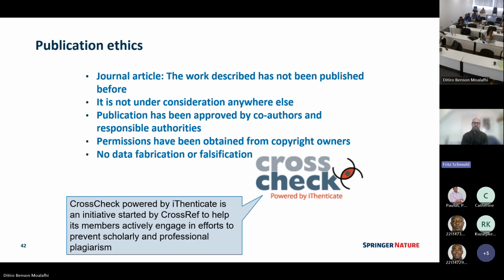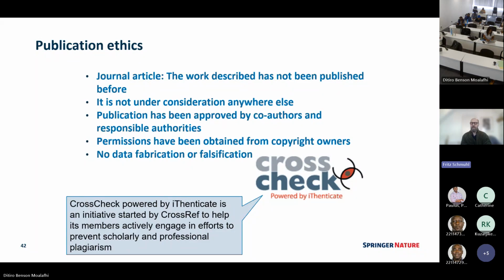They provided data, and then you also indicate that the data used there was authorized. I mentioned Authenticate earlier. A very important part of Authenticate is that CrossCheck is used. This is an initiative to help publishers, but also authors, to ensure that there's no plagiarism in the process, and that an article is legitimate to be considered by a journal or to be accepted for review.